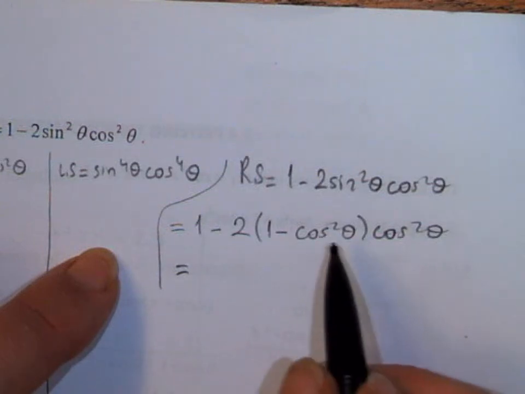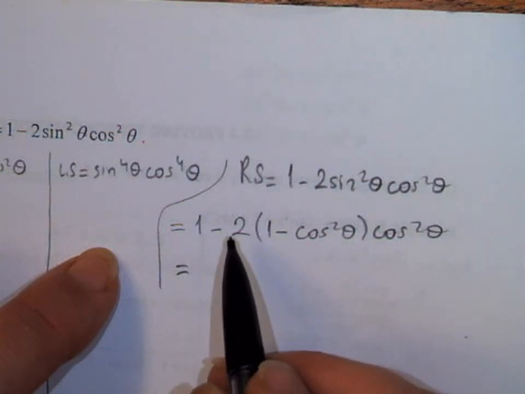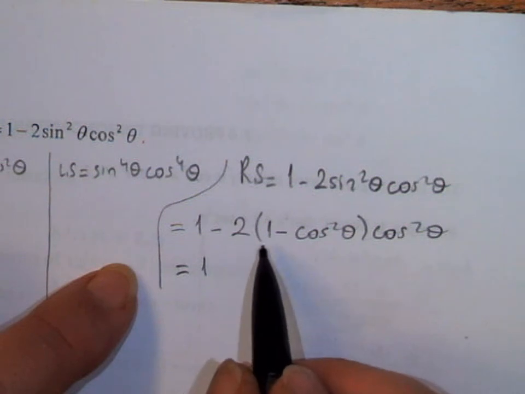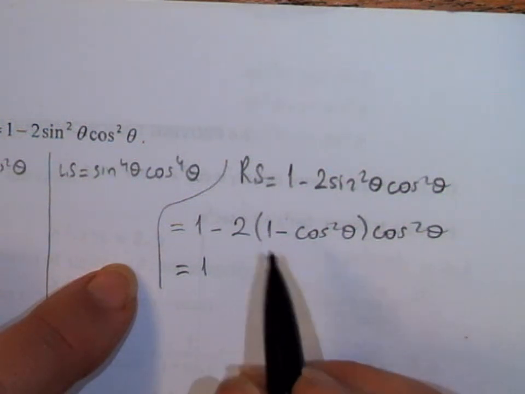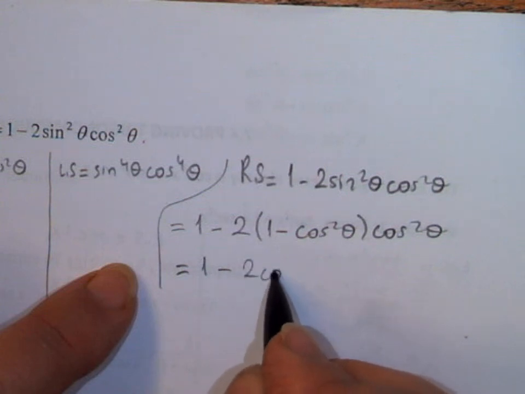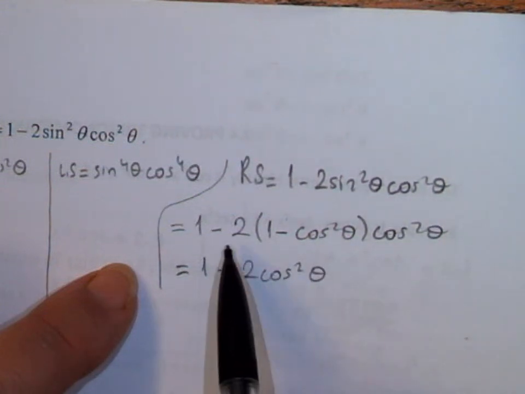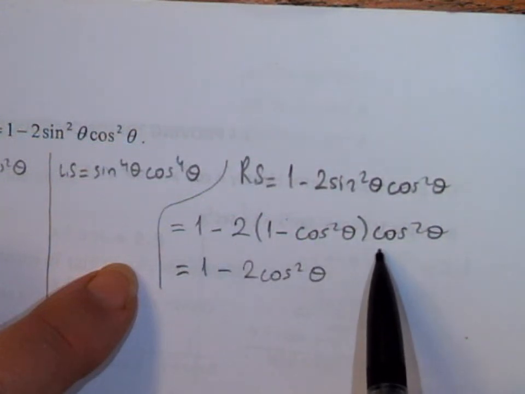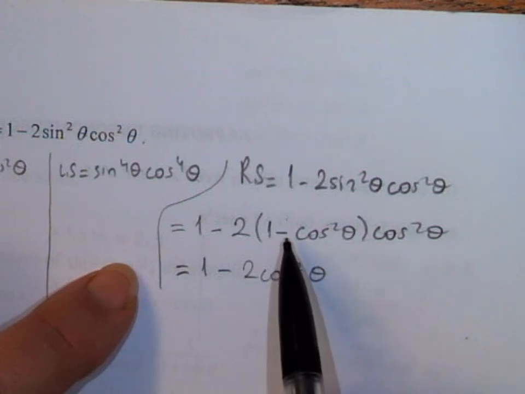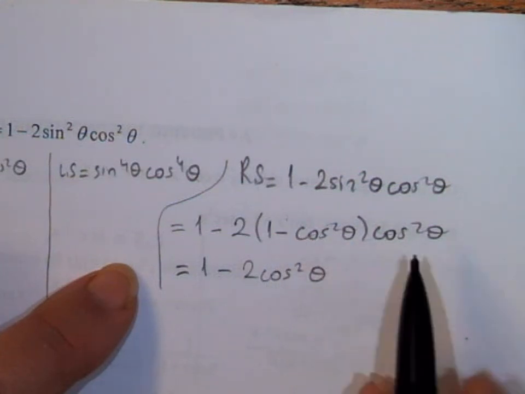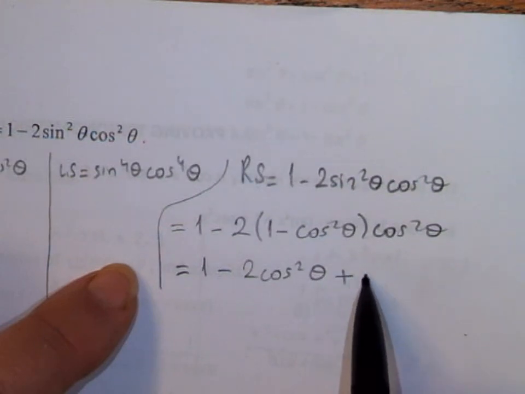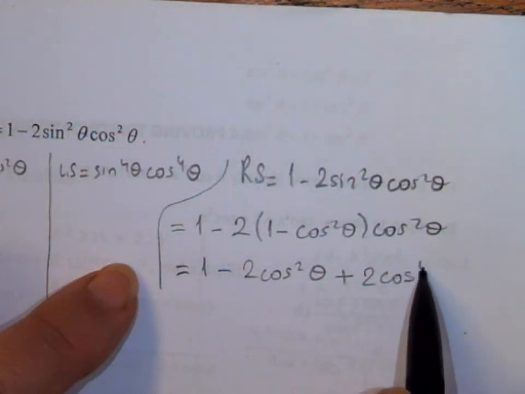So now let's expand this. So 1 minus 2 cos square theta times 1 minus 2 cos square theta minus 2 cos square theta times negative cos square theta plus 2 cos to the power of 4 theta.